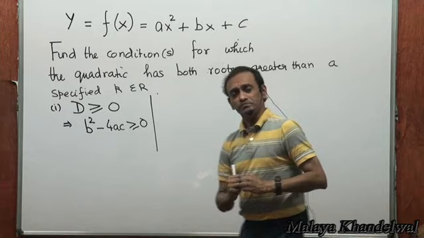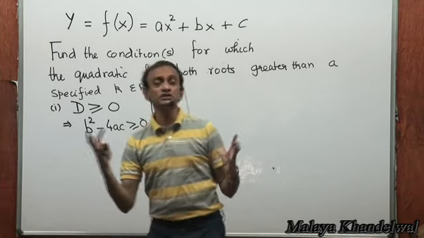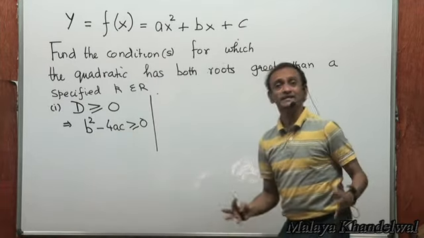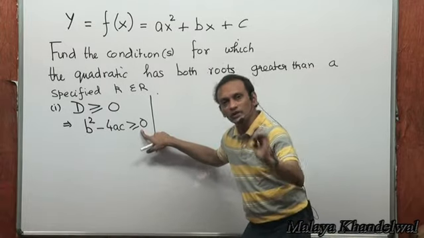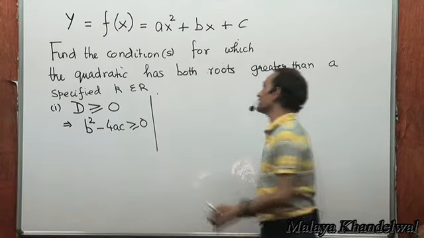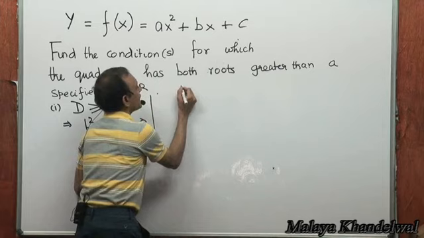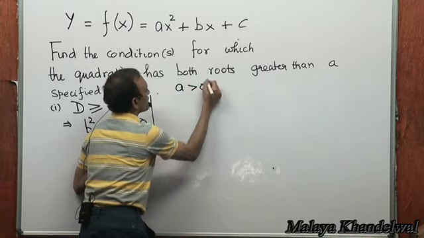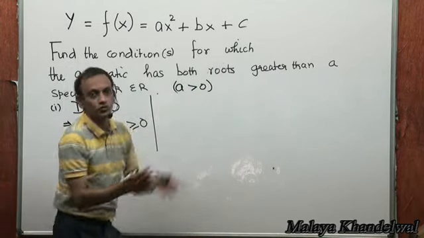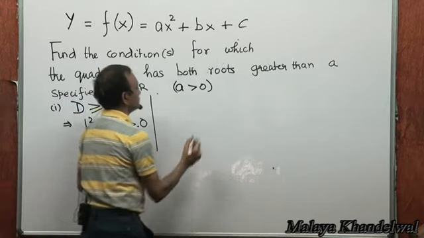Now, the additional set of conditions for a positive and a negative. So this would be common to whether a is positive or a is negative. Now, say a is positive. The graph of this is going to be an upward opening parabola.